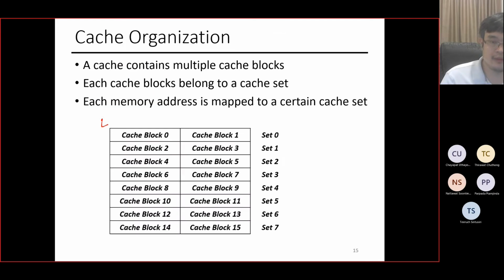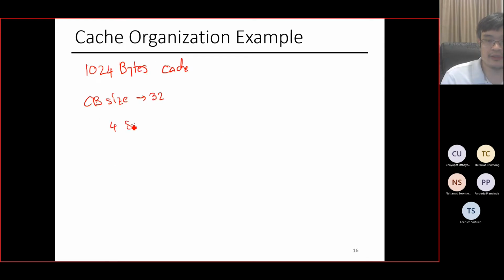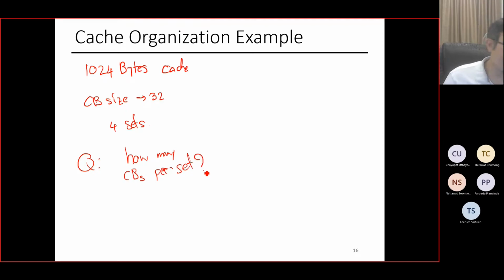So my question is, how many cache blocks do we have per set? All right, I'll give everyone here 2 minutes to work on this.